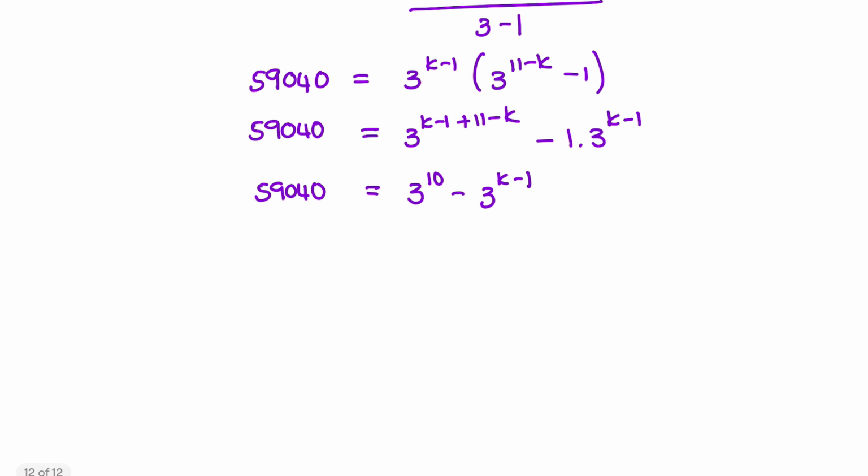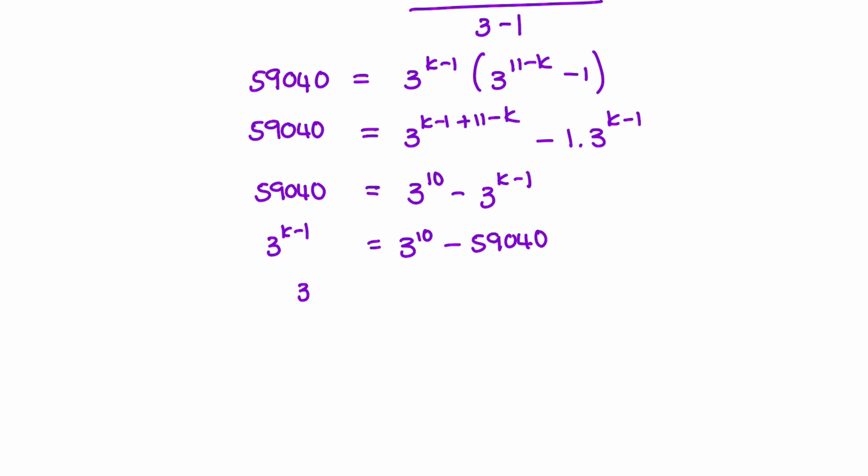Now there are different ways to approach this. You can, if you want to, take 3 to the power of 10, leave it on this side, and move 3 to the power of k minus 1 to the right-hand side. So let's do that. I have 3 to the power of 10, and I subtract 59,040 from that.